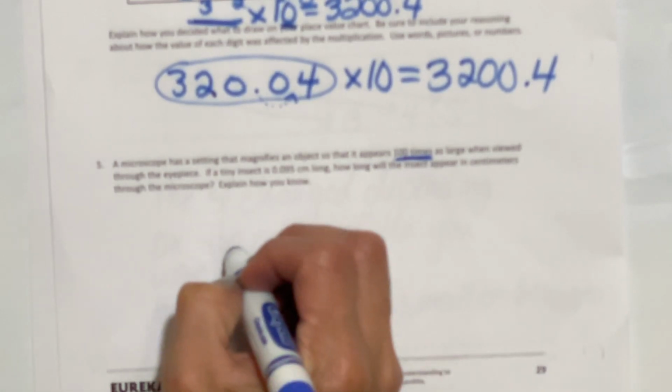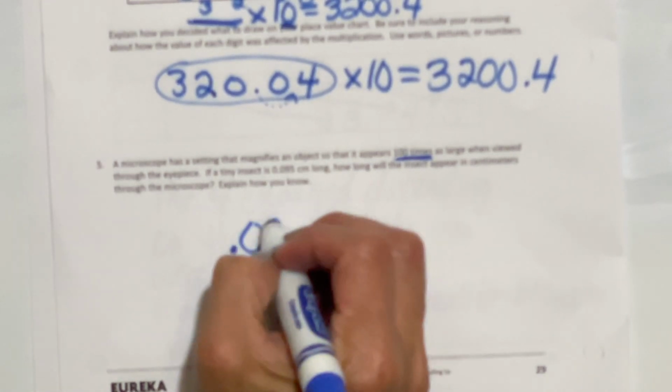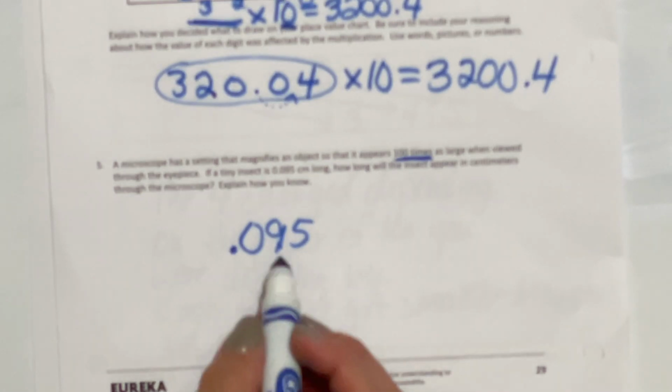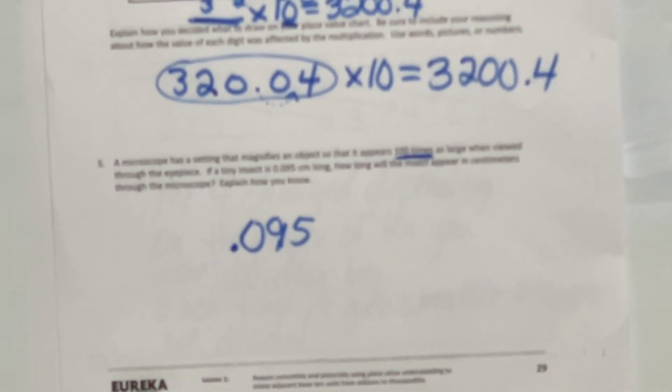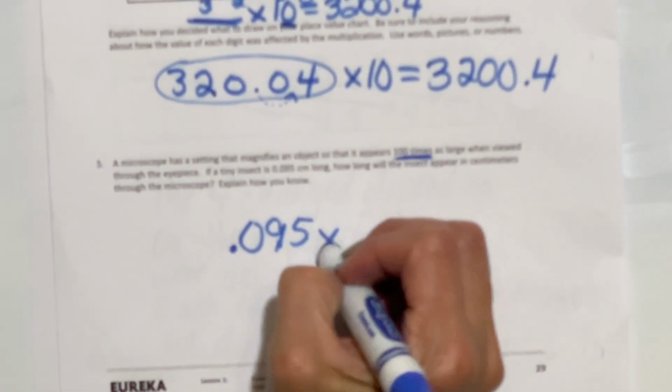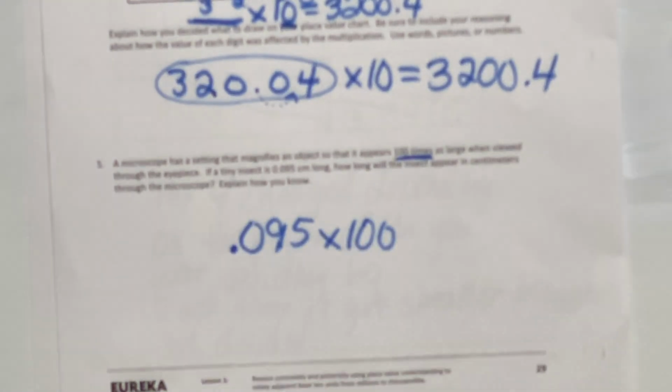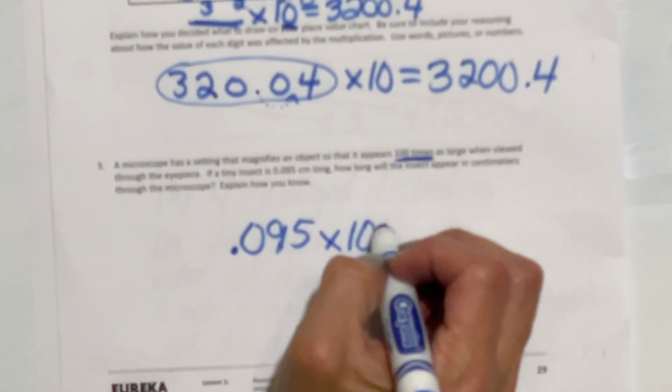All right, so we have a tiny insect that is 95 thousandths of a centimeter. Talk about tiny. Good gracious. And we multiply that times 100, and that'll tell us how big he appears.